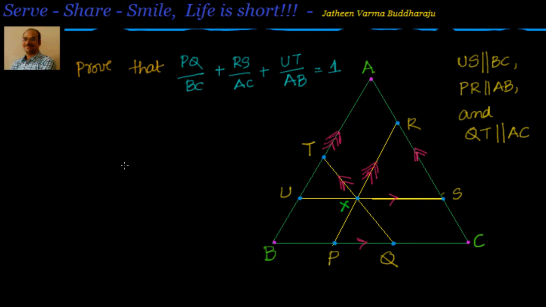I'll go ahead and start with the similar triangles. First, starting with A, I know that US is parallel to BC. That gives me AUS is similar to ABC.